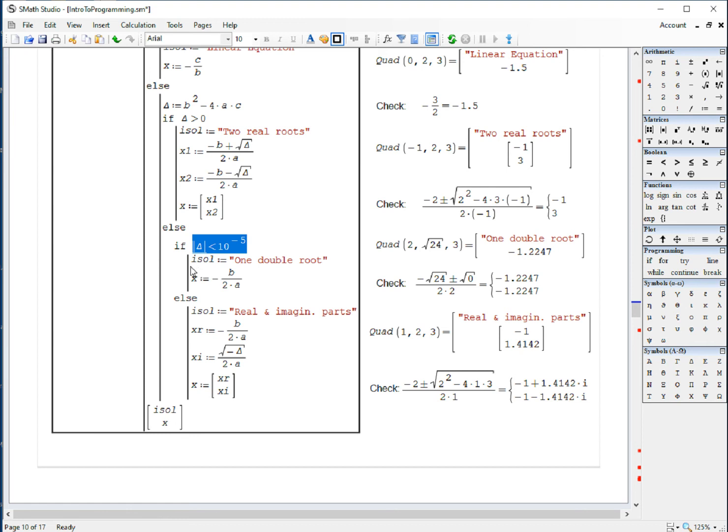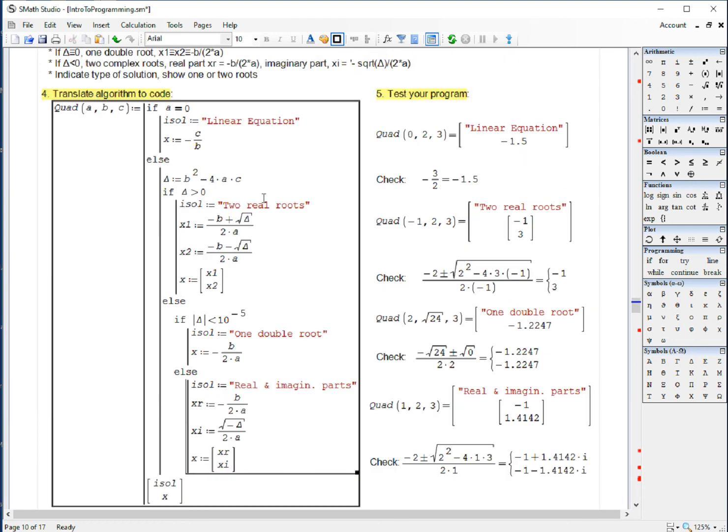And for that, I'm going to have one single double root equal to minus b over 2a. If this is not true, that means delta is negative, because I already checked the positive over here, in which case I have a real and imaginary part, where the real part is this one, the imaginary part is this one, and I'm going to publish my result as a vector xr, xi.